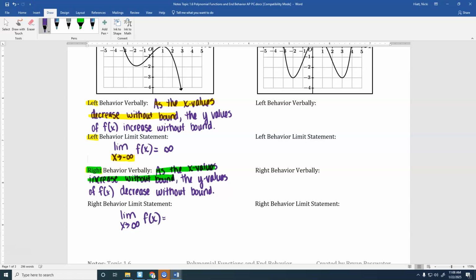And in this case, because my graph is going down on that right side, my answer would be negative infinity. So the part of that limit statement that tells you you're looking at the right side is x approaches positive infinity. On the x-axis, the positive infinity side is the right side.